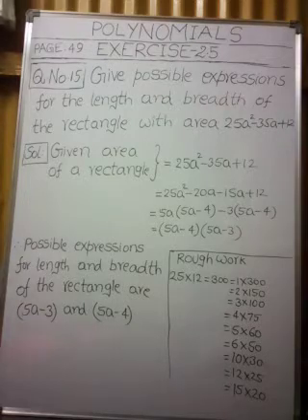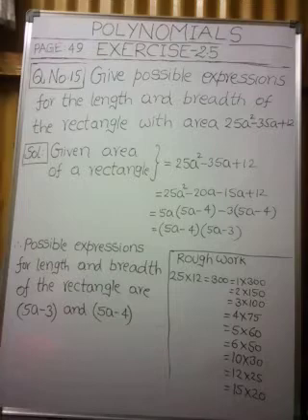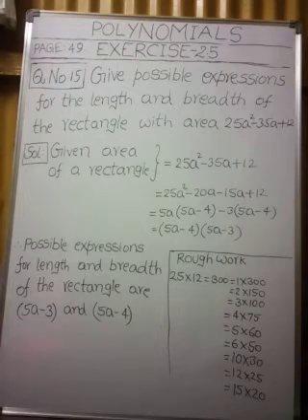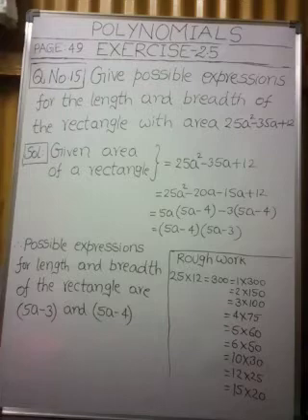We have to find the factors of this quadratic polynomial. It is an indirect question. They did not ask you to factorize this quadratic polynomial 25a square minus 35a plus 12. Okay, my dear children?